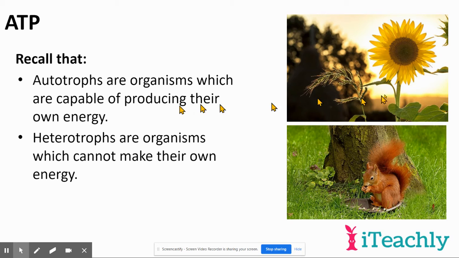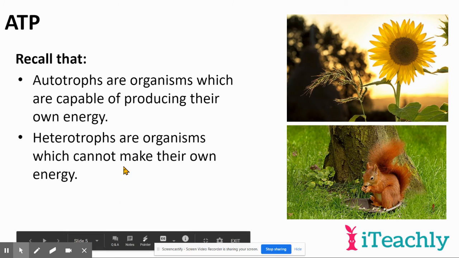They can do photosynthesis, therefore they can make sugar, which is their own form of energy. And then they can take that sugar and make carbohydrates, and since it's all carbon based, they can make their fats and all their amino acids. Heterotrophs are organisms like us that cannot make their own energy, so we have to eat our energy.